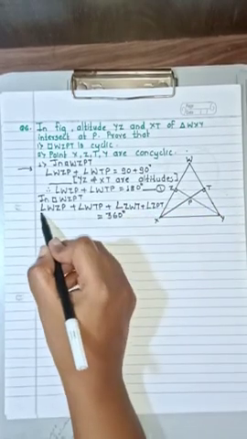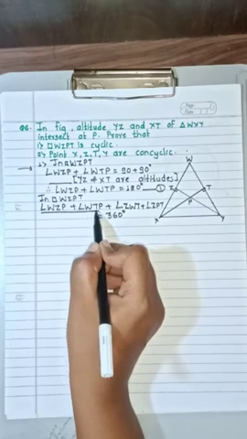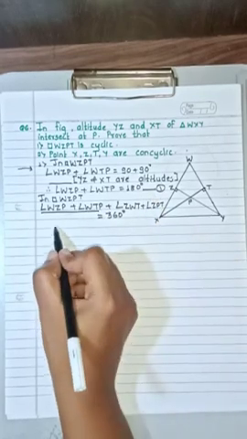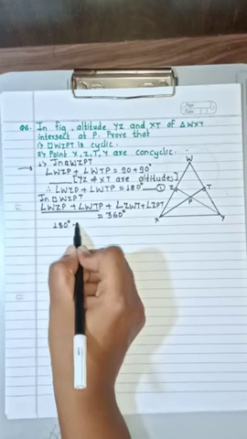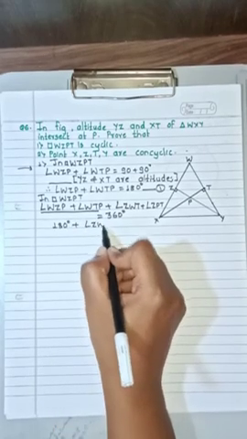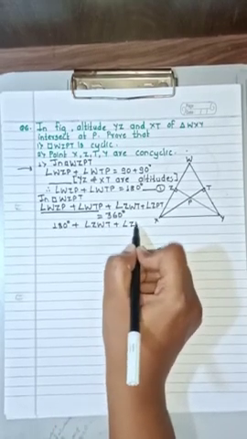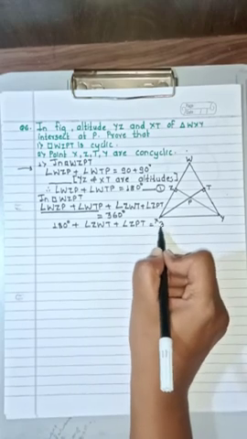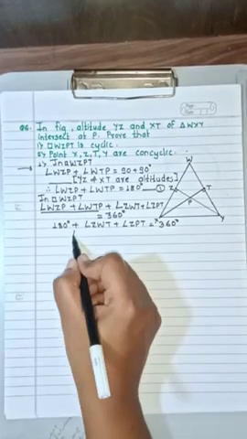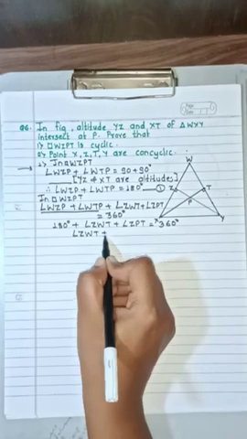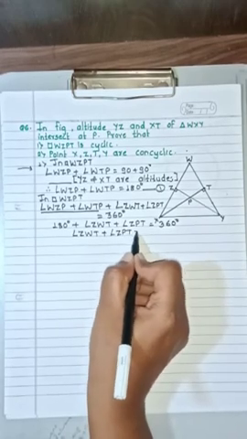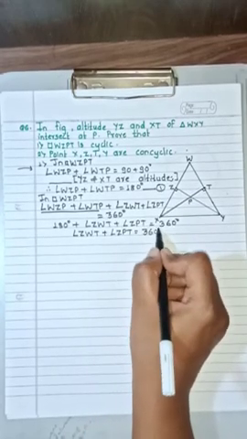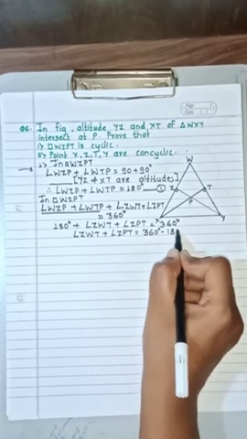Okay. Now you very well know angle WZP and WTP from equation 1, they are 180 degree, plus angle ZWT plus ZPT is equal to 360 degree. Therefore, angle ZWT plus angle ZPT is equal to 360 degree minus 180 degree.